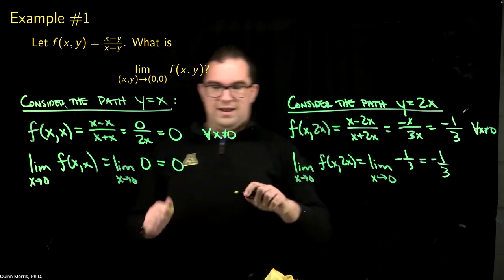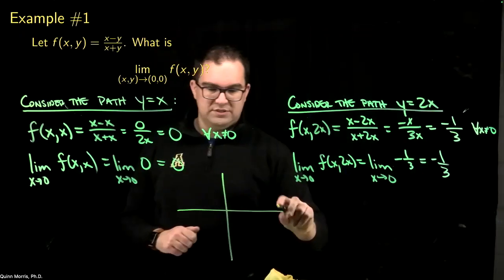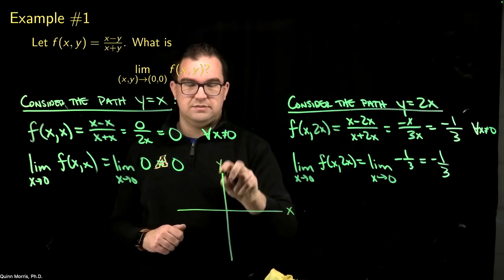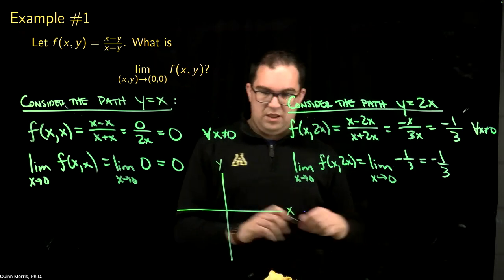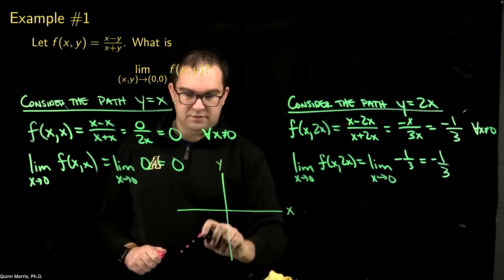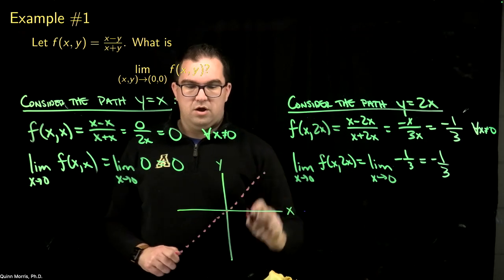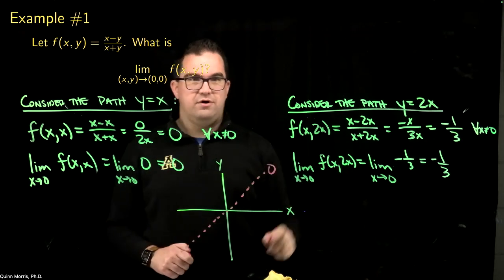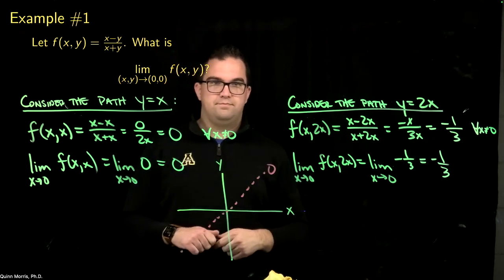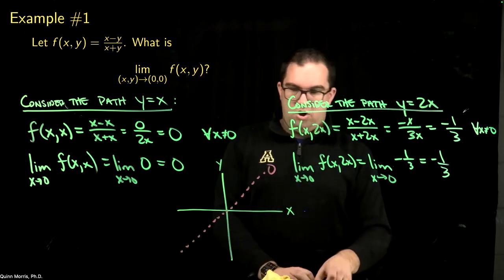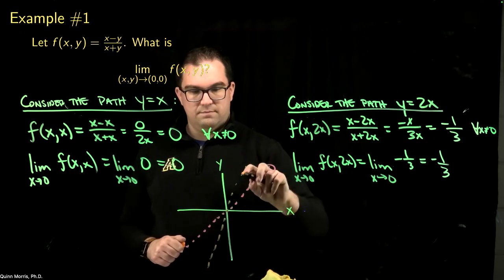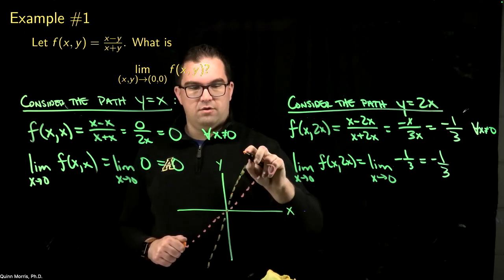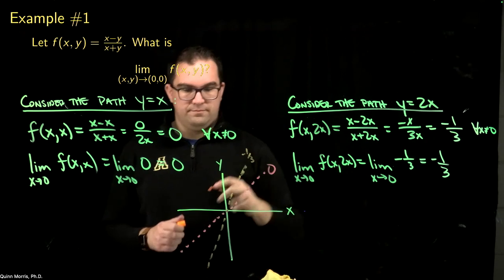And that's exactly correct. Visually, if I just think about what's happening in the domain space, what's happening is if I approach along this line y is equal to x, along this line, all of my function values are 0. Okay. Along this other line, 2x, all of my function values are negative 1/3.